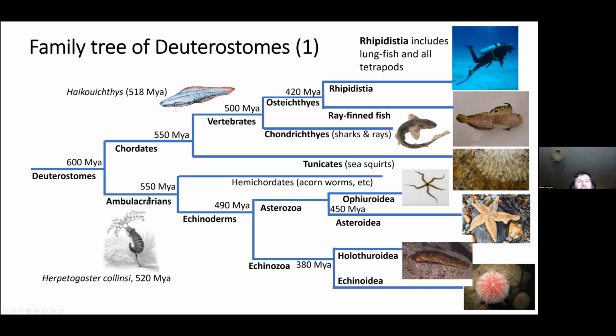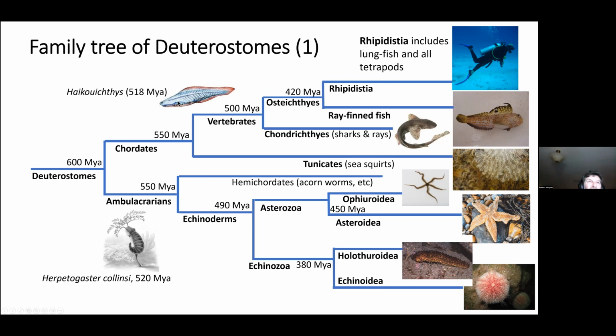In the other branch, again, this word, which is very rarely used, the ambulacrarians, which are basically the echinoderms of different sorts, starfish, brittle stars, sea urchins, etc. It's also got this obscure group called the acorn worms, which look a bit like ribbon worms, but we don't find them, or very rarely find them, in the intertidal zone of Britain.